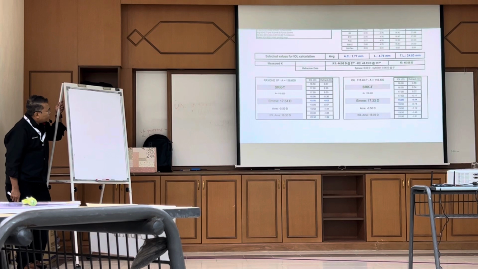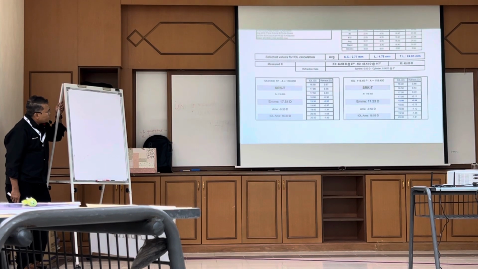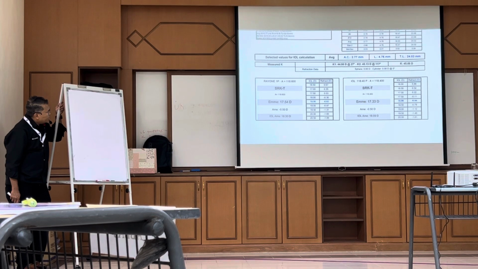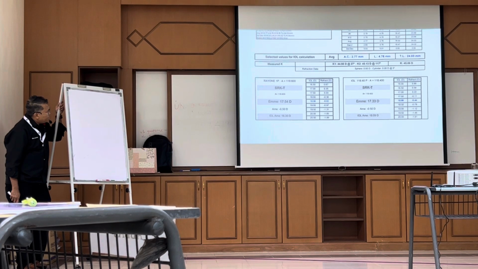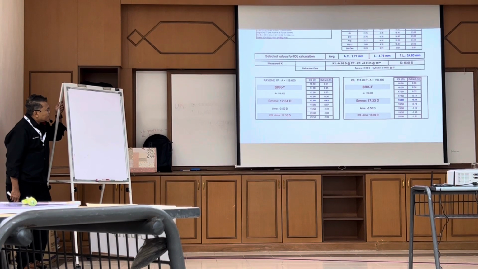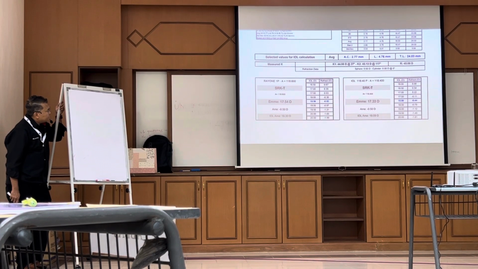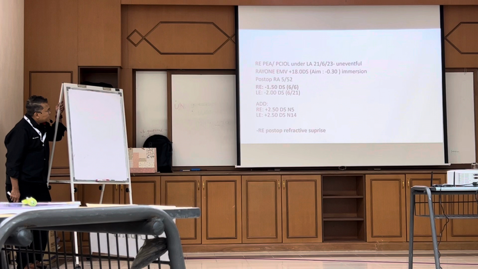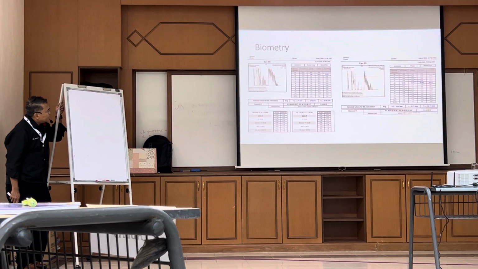So earlier it was 18.5. 18.5 minus 0.63, so excellent, 24.03 here. And it was not. So it was 18 before, but you're aiming for minus 0.3, right? This is the right eye.